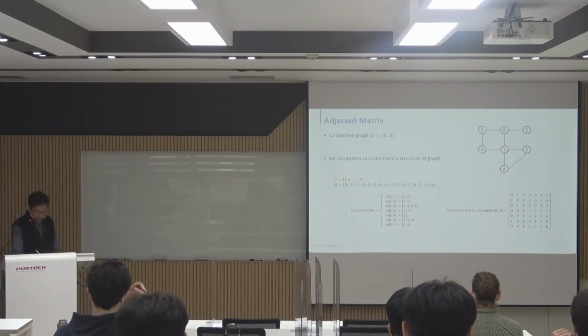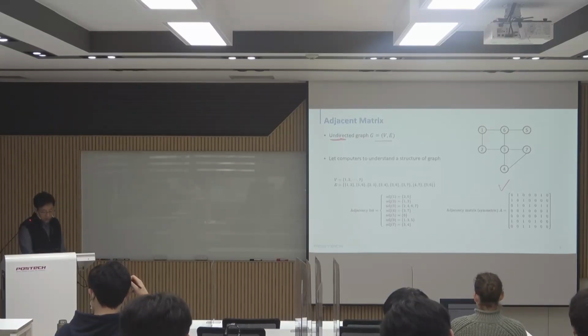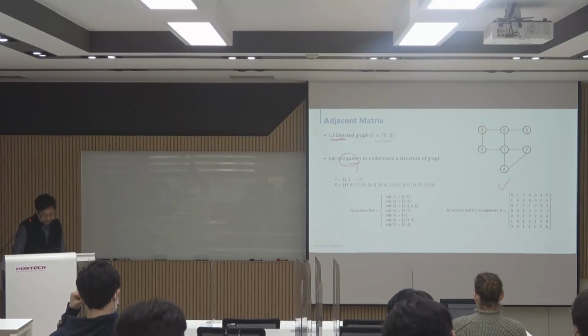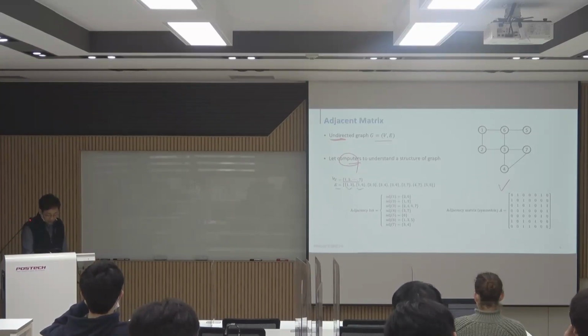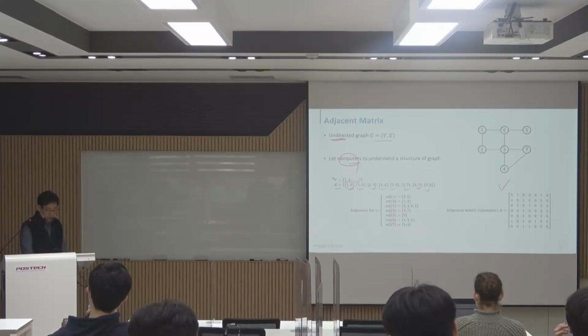So that's how I did that. And for the undirected graph, again, these are two key components, vertices and edges, and they let the computer understand the structure of a graph. We have vertices from 1 to 7, and these are the edges, like here. Not from, it's between 1 and 2, between 1 and 6, things like that. We don't have any directivities.